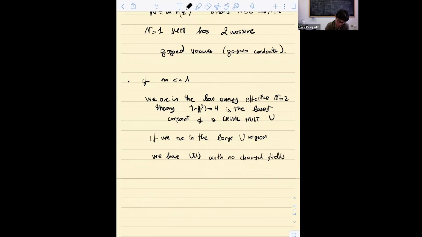So if I turn on a mass for U, basically nothing really interesting is going on. Maybe it can lift the vacuum, but we cannot have a mass gap.